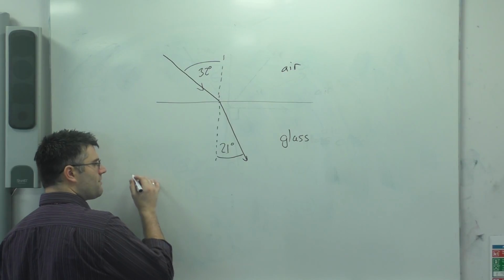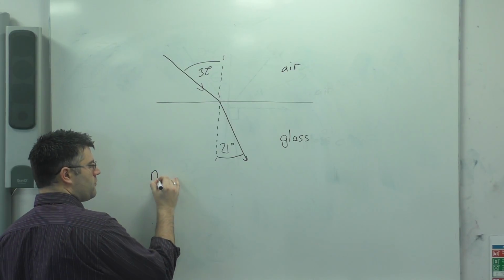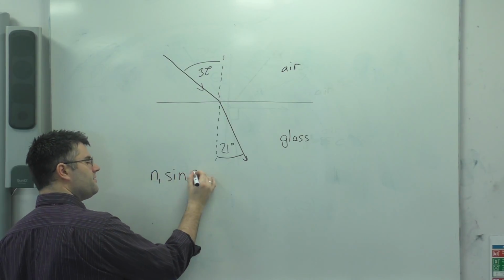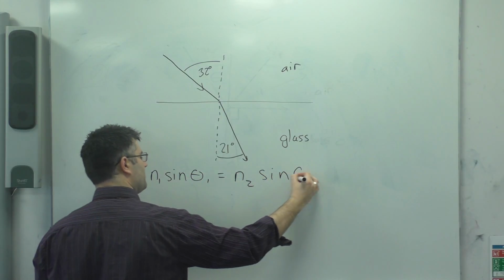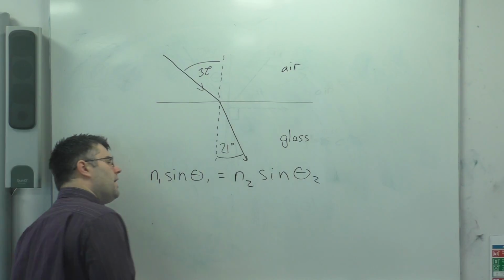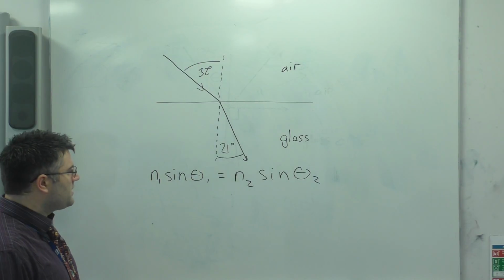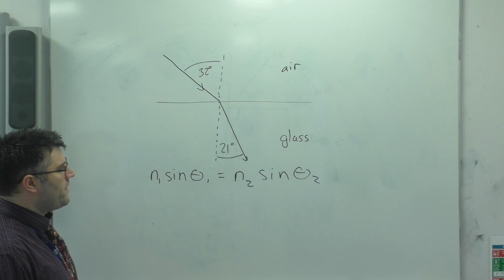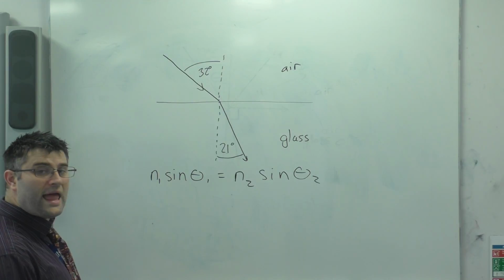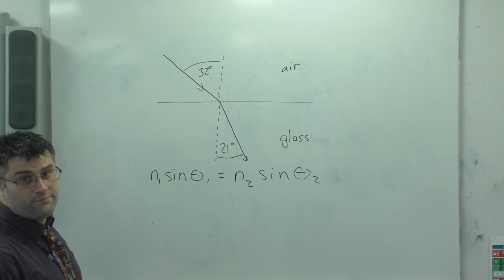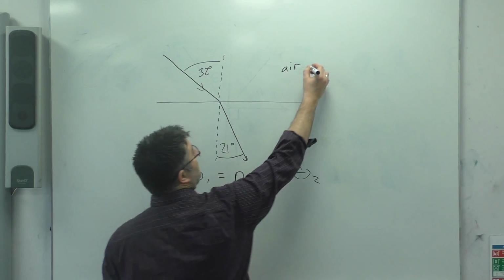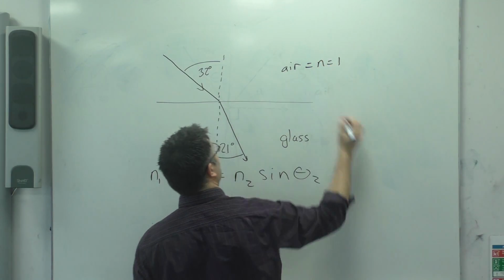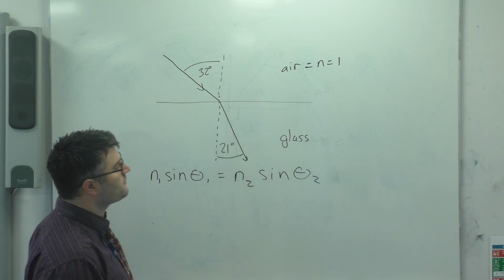Well, first of all, we need to write out Snell's law as N1 sine theta 1 is equal to N2 sine theta 2. So what of these values can I throw in there straight away? Well, I know N1 is 1 because air has a refractive index of 1.